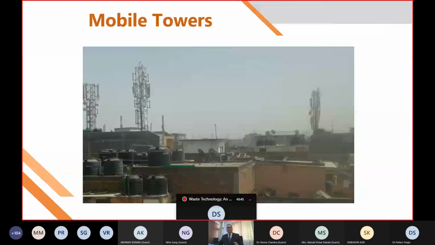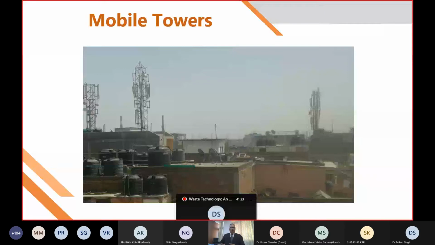Sometimes they work collaboratively. On the tower, Airtel and other service providers, Idea and others, are putting their own antennas. So multiple antennas means multiple transmissions; they receive and transmit RF frequencies from the devices to the satellites and back to the devices.